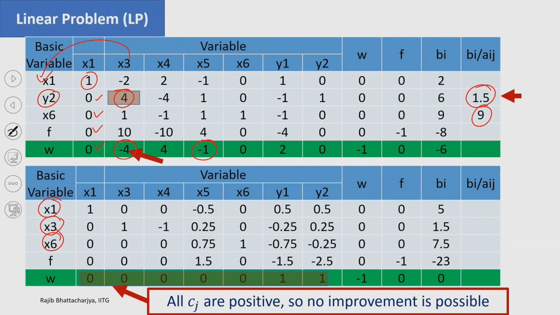If I look at the last row, that is the phase 1 objective function, here there is no coefficient with negative value. That means I cannot improve this solution, and y 1 and y 2 are not there. Therefore, I will eliminate this particular column and this particular row also. So, I will remove this one.